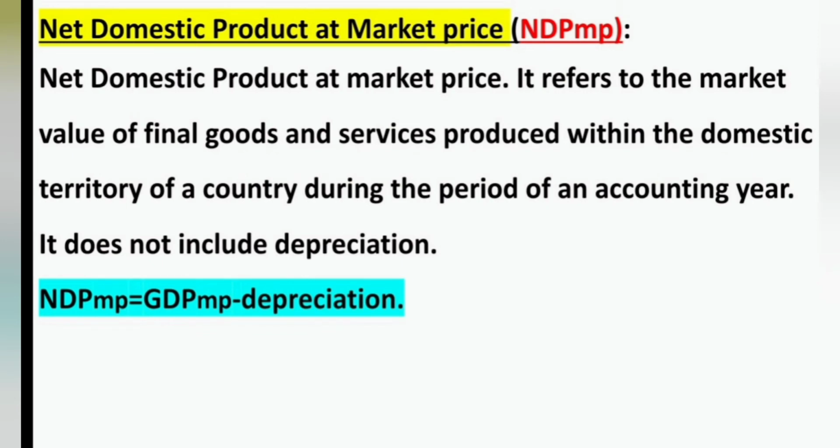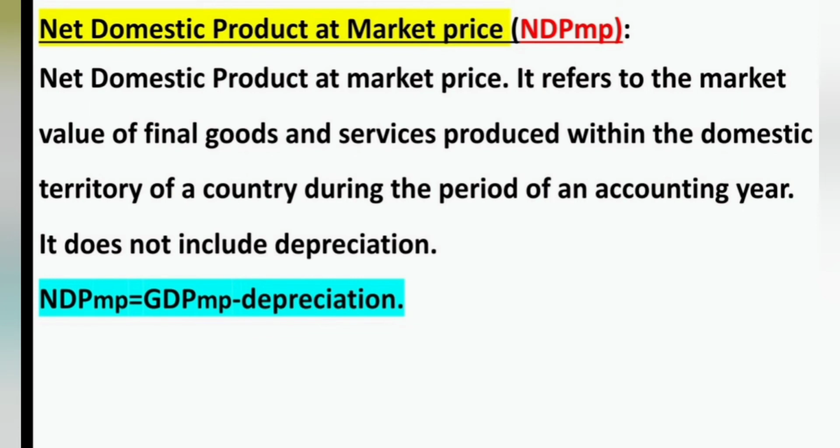Next, we are going to see the net concepts of domestic income. GDP at market price and GDP at factor cost are gross concepts. Now, NDP at market price is the money value or market value of all the final goods and services produced within the domestic territory of a country during an accounting year, and it does not include depreciation.